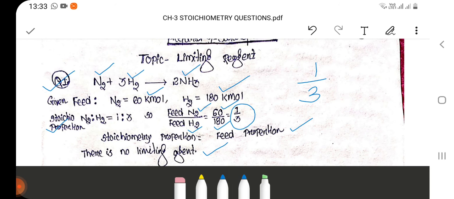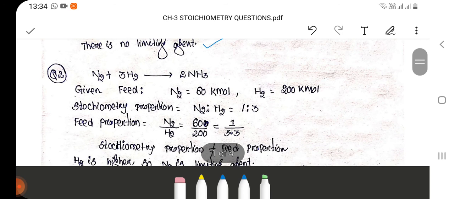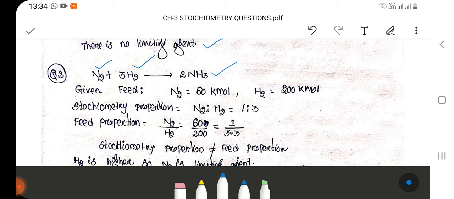Now let's come to the second example. In the second example, the same thing, the production of ammonia from nitrogen and hydrogen. The stoichiometric equation is 1 mole of nitrogen plus 3 mole of hydrogen gives rise to 2 mole of ammonia. But here, the feed mixture contains 60 kilomole of nitrogen and 200 kilomole of hydrogen.